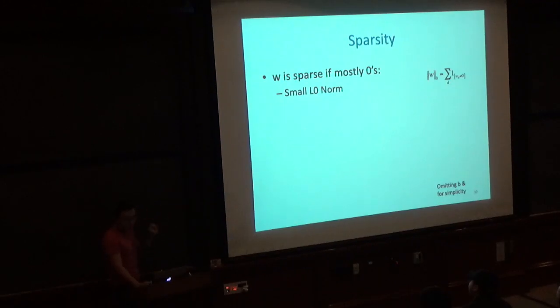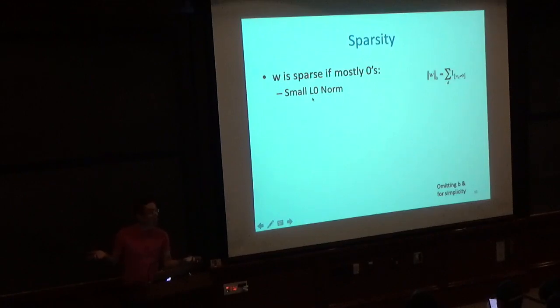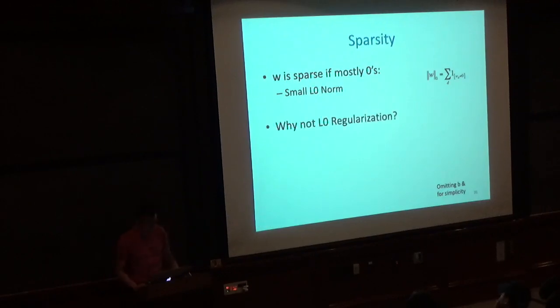In other words, a weight vector W is sparse if most of its entries are 0. In other words, it has small L0 norm, right? The L0 norm directly measures the number of non-zero entries. So why not do L0 regularization? Why do we do L1?